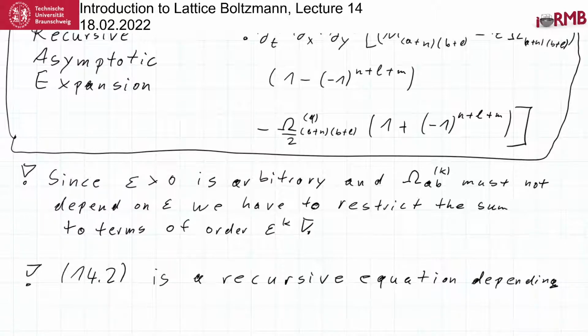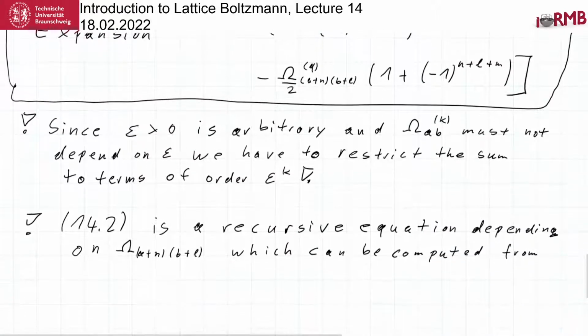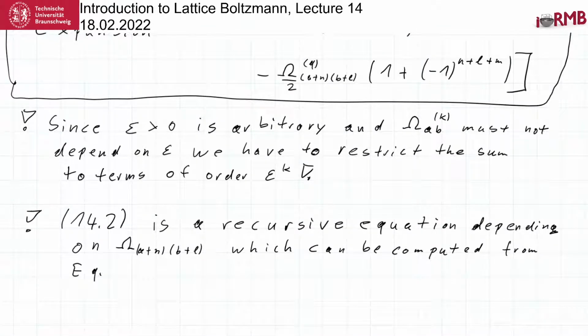It's recursive because omega depends on omega, on omega A plus N plus B plus L, and this can be computed from equation 14.2 itself. So it's recursive, so does it converge?